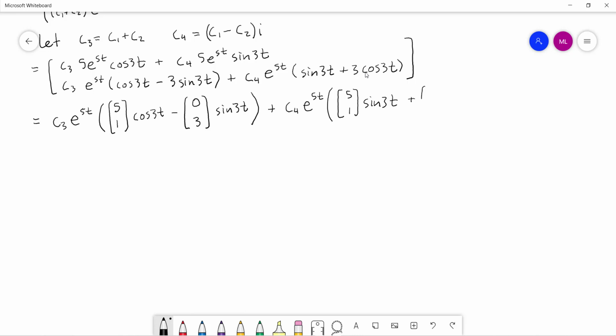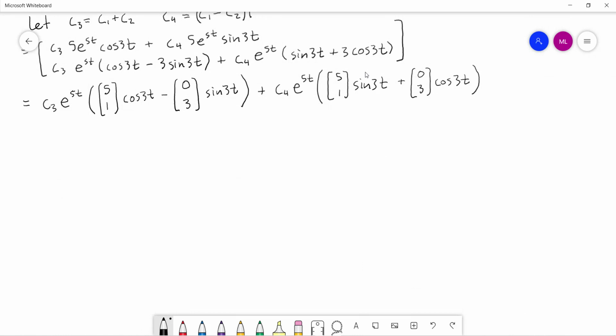So plus 0, 3 cosine of 3t. Okay, so after it's all said and done, let's notice a couple of things. Notice the 5 and the 1. These are the real parts of the eigenvectors.